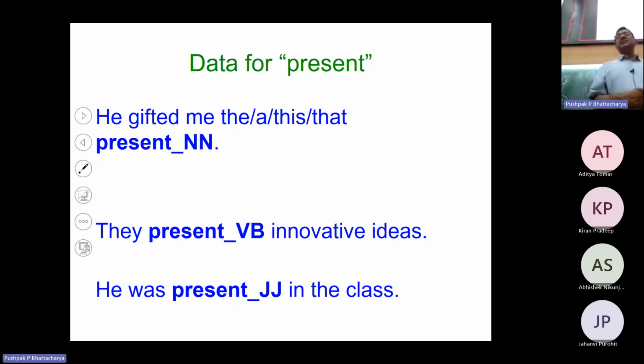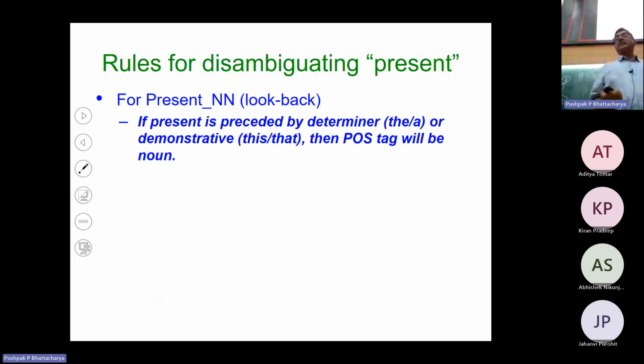He gifted me a present: present is a noun. They present innovative ideas: present is a verb. He was present in the class: this present is an adjective. Now I'm sitting down and writing a rule-based part-of-speech tagger. That means I'm writing rules for disambiguation: amongst all the part-of-speech tags, which one is applicable?